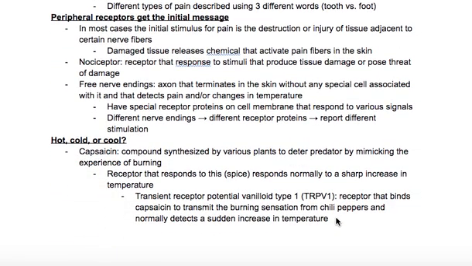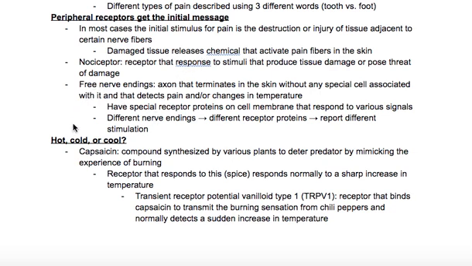The next section is Peripheral Receptors Get the Initial Message. In most cases, the initial stimulus for pain is the destruction or injury of tissue adjacent to certain nerve fibers, and damaged tissues usually release chemicals that activate pain fibers within the skin. Nociceptors are receptors that respond to stimuli that produce tissue damage or pose a threat of damage.